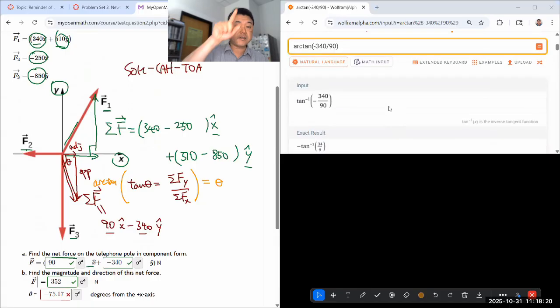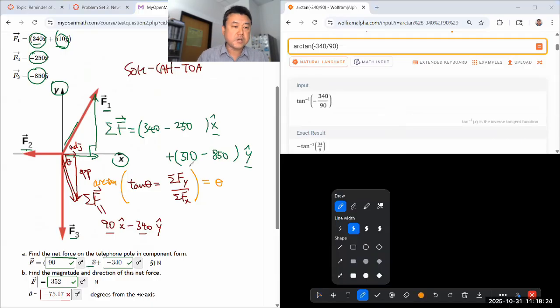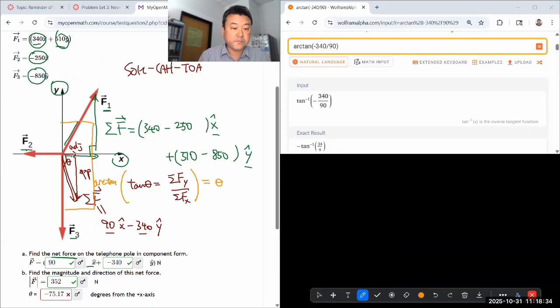It's periodic, it repeats. So when you invert it, you have to limit your range. So for sine and tangent, with an arctan function like this on a calculator, you will only get answers in this range, either as a positive number in the first quadrant, or as a negative number in the second quadrant.